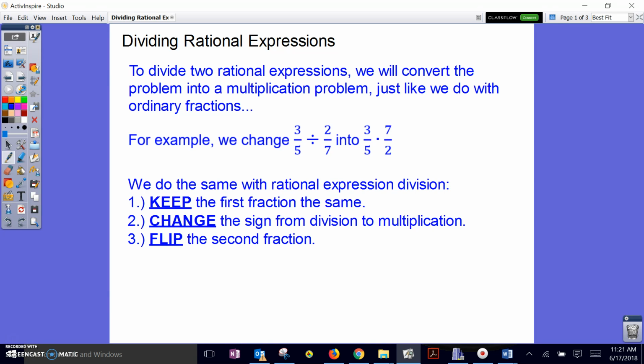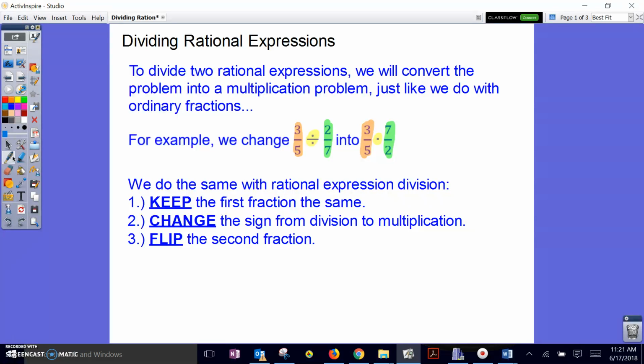We keep the first fraction the same. Notice 3/5 stays 3/5. We change the sign from division to multiplication, and we flip the second fraction. And that's the same thing we're going to do with rational expressions.